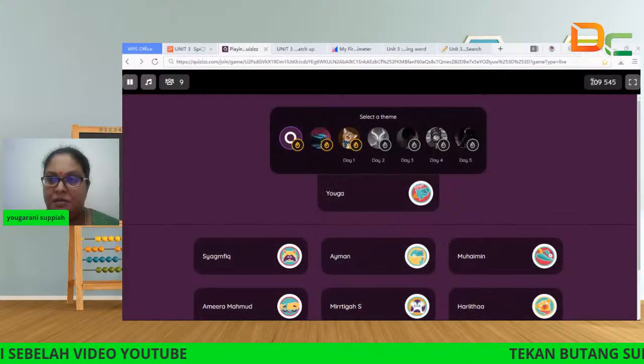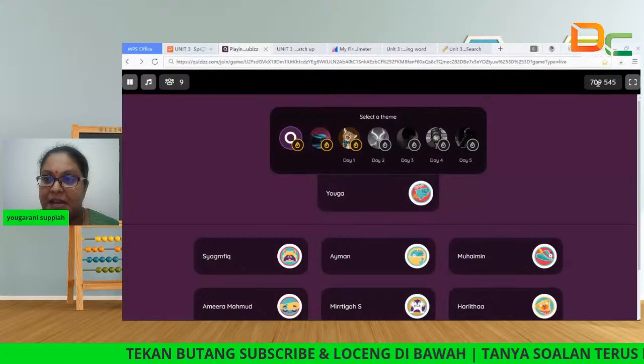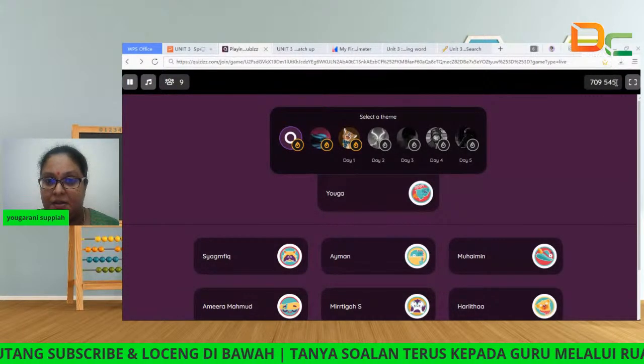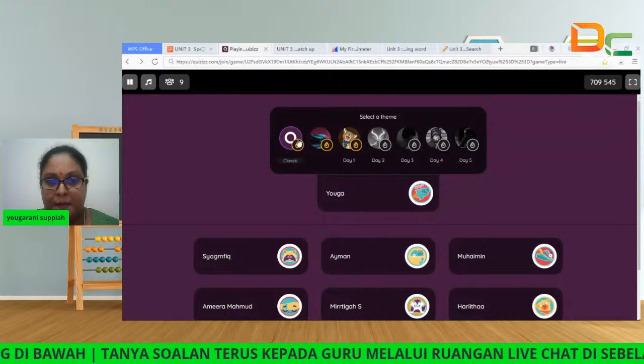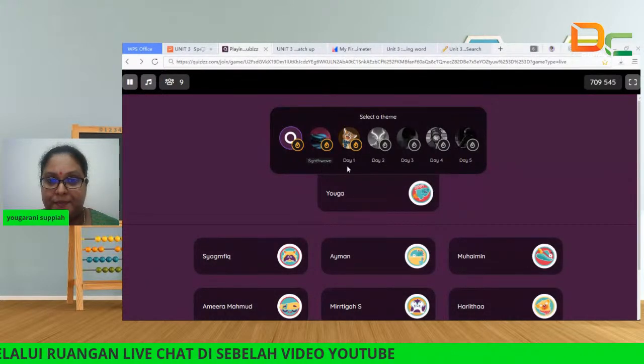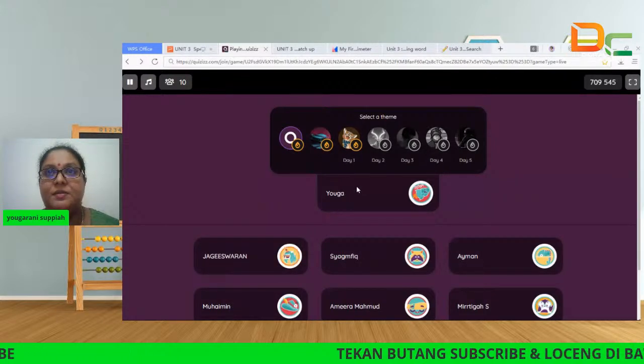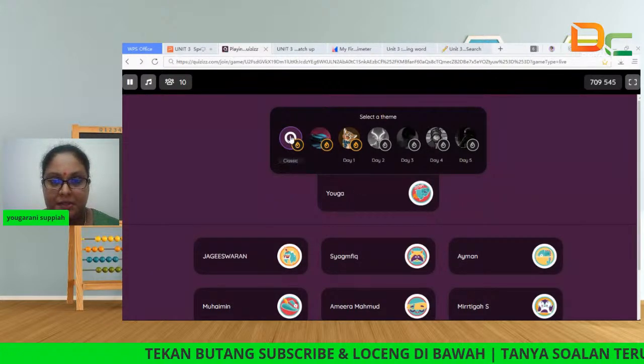You can log in to the game using this code. So far there are 10 students in the game.